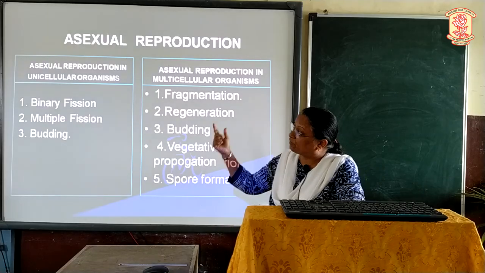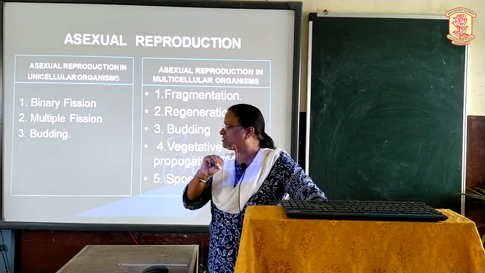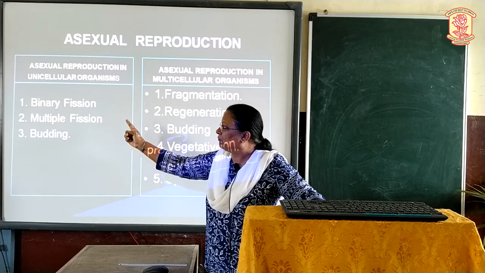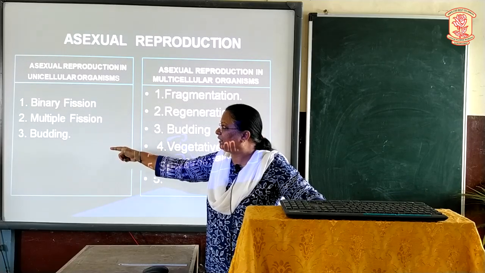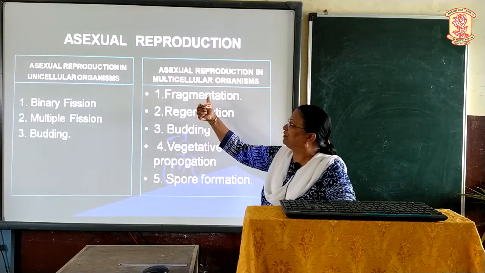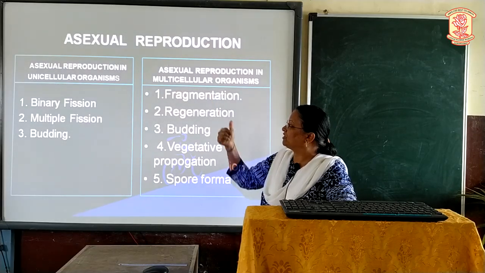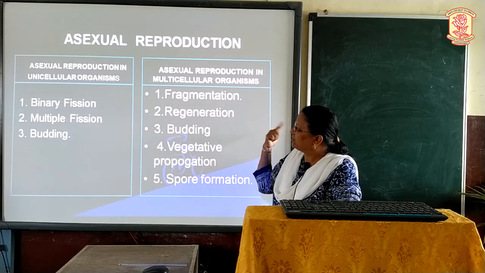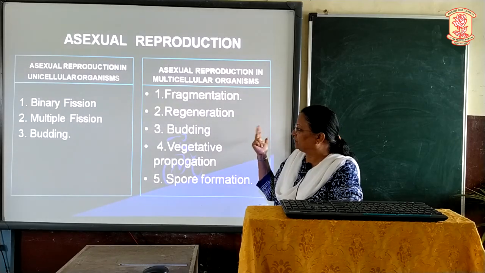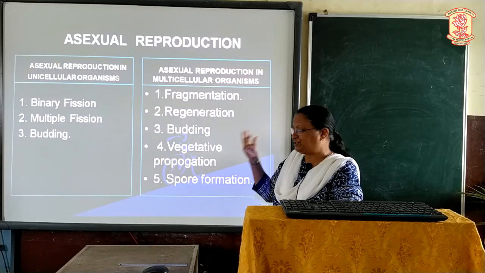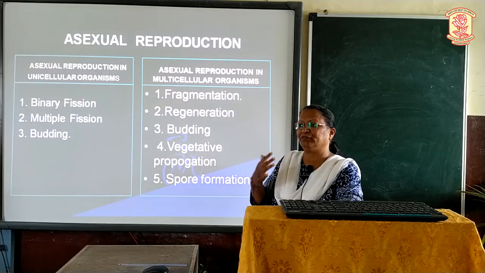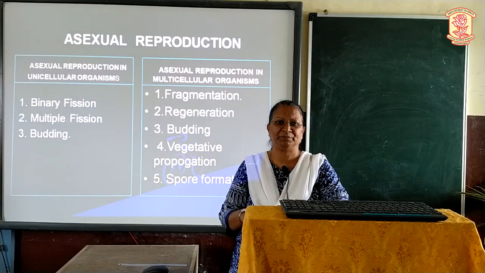In unicellular organisms we learned three methods: binary fission, multiple fission and budding. In the case of multicellular organisms we learned 5 methods. The first method is fragmentation, second regeneration, third budding, fourth vegetative propagation, and the fifth one is spore formation.